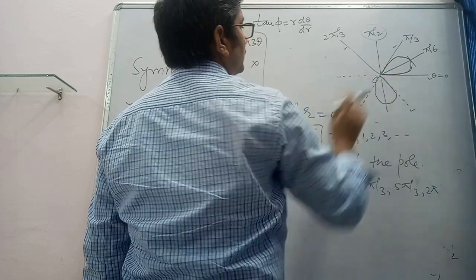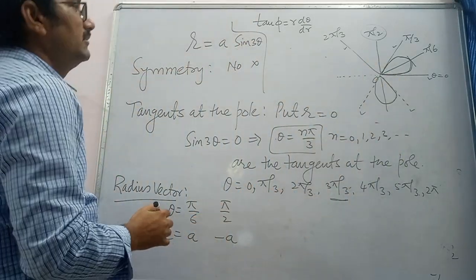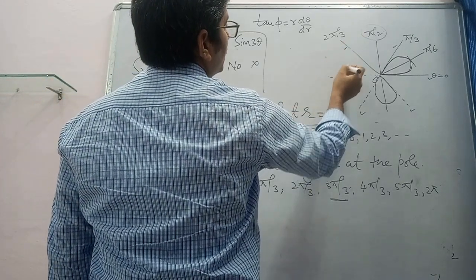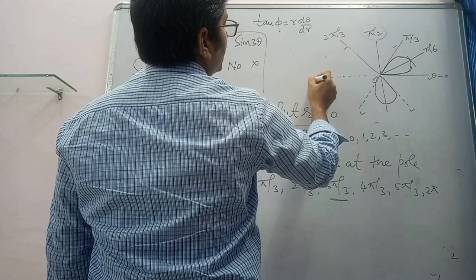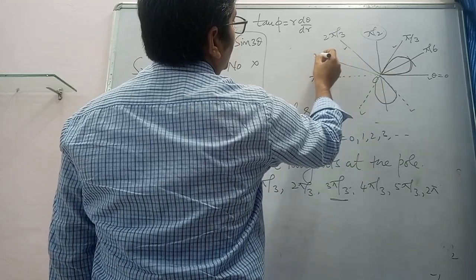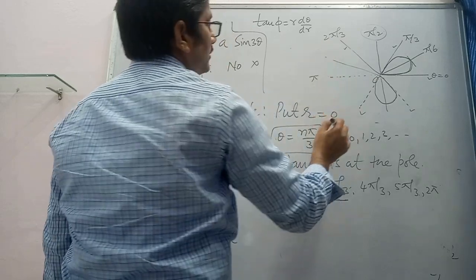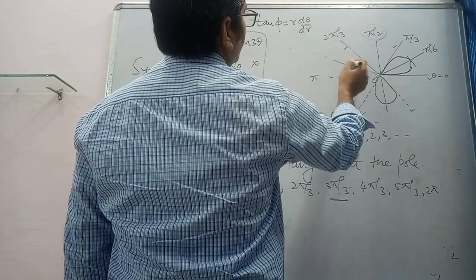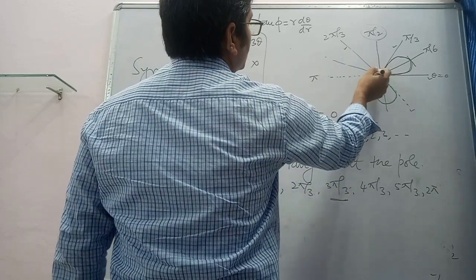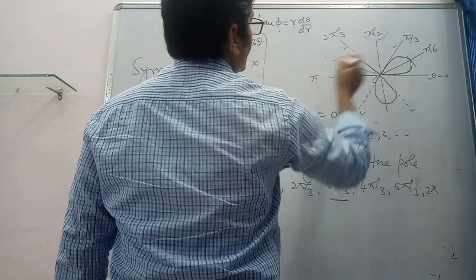And similarly, we will find the next value of theta here between 2 pi by 3 and pi. So say it is 5 pi by 6, the mean of this, 150 degree, and if you take the value of r here, that will be a again.